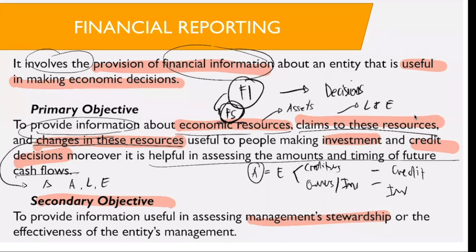So efficiency and effectiveness of management. Okay? So primary objective, provide information useful for decision making. Secondary objective, that is management stewardship. Okay. So that is your financial reporting. So financial reporting, provision of financial information in making economic decisions.